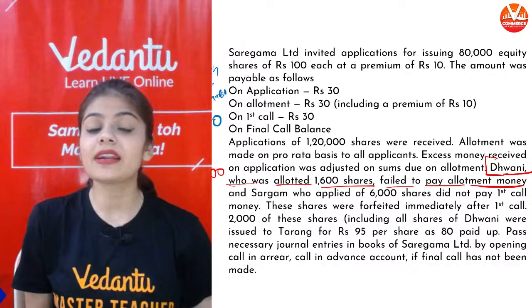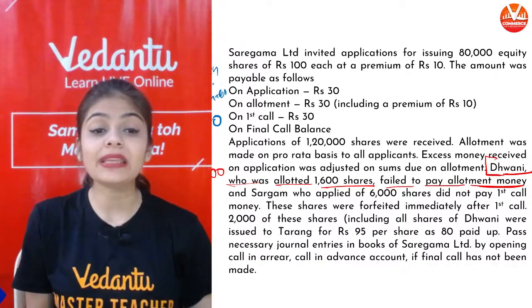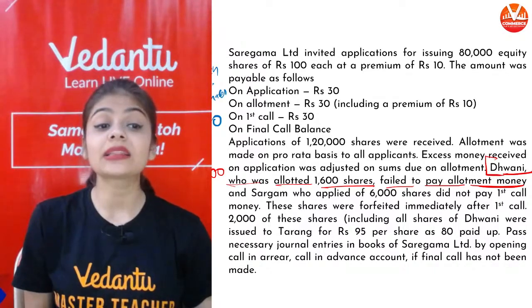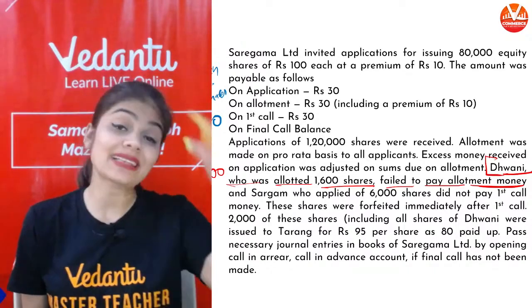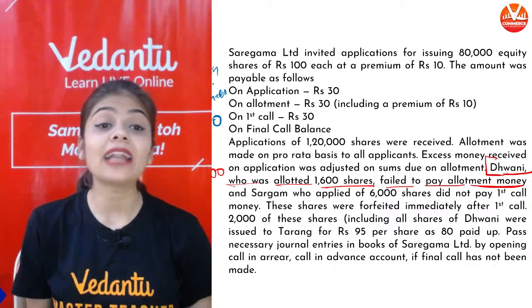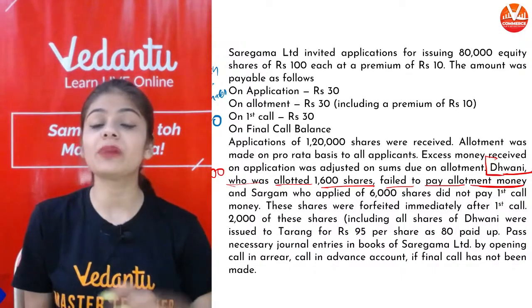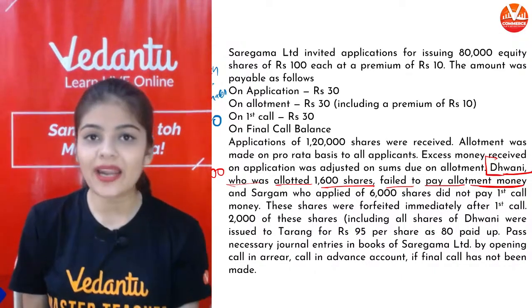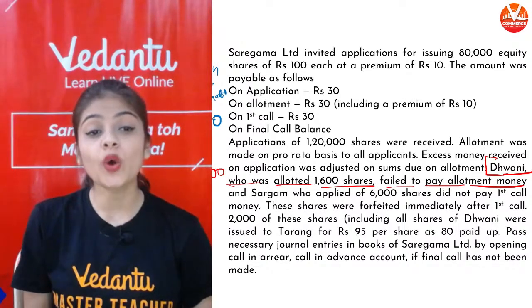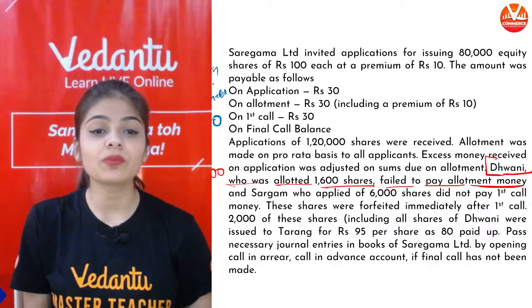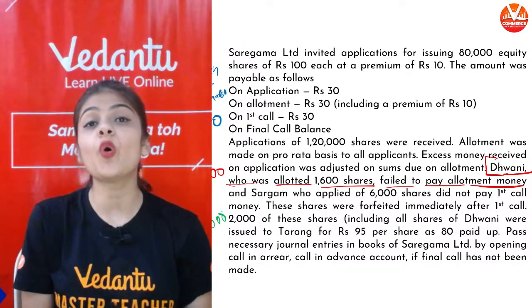So 800 shares multiplied with application money, that is 30. On the excess 800 shares, he had paid application money in excess. So the excess application money received is 24,000.